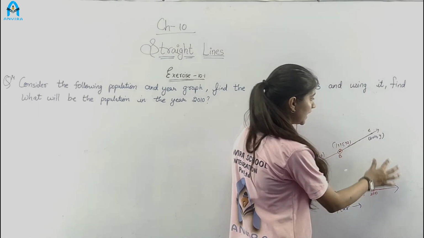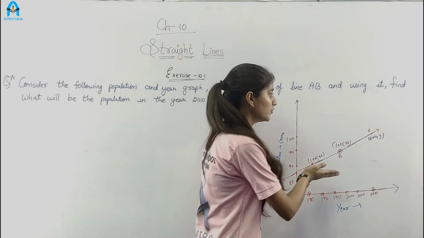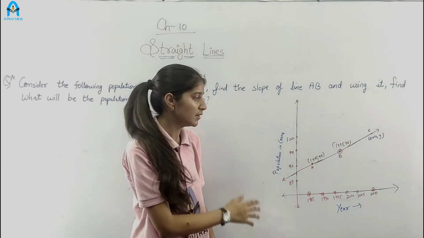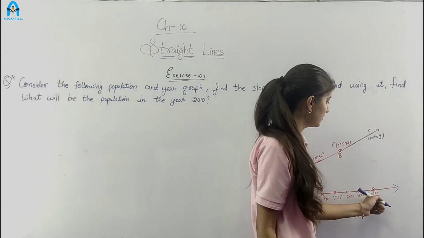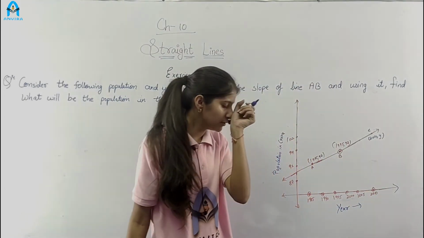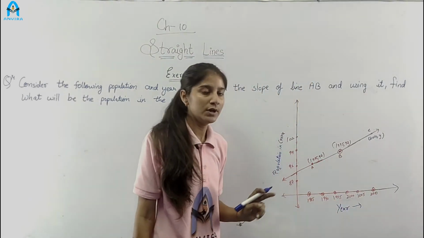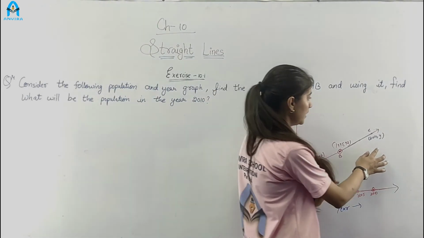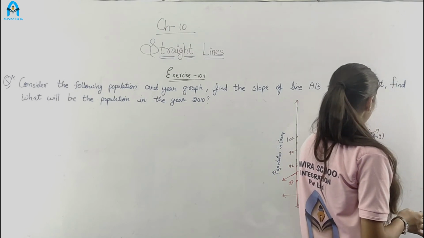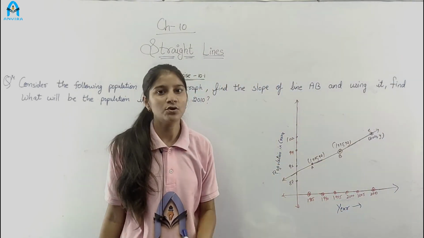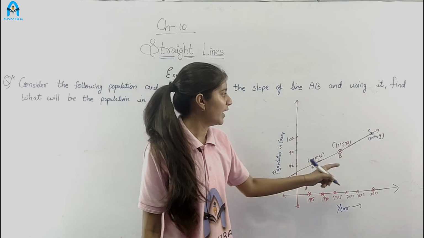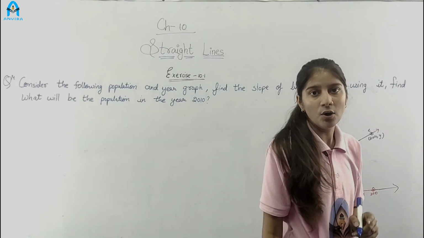Since 2010 also comes on this line, the x coordinate is 2010 and we have to find the y coordinate, that is the population. So I take a point C whose x coordinate is 2010 and y coordinate we have to find. How can we find it?